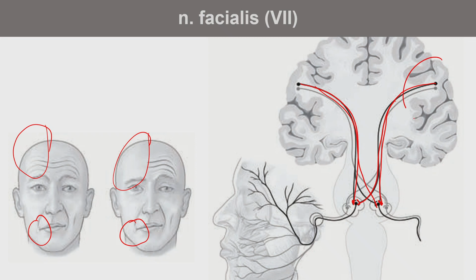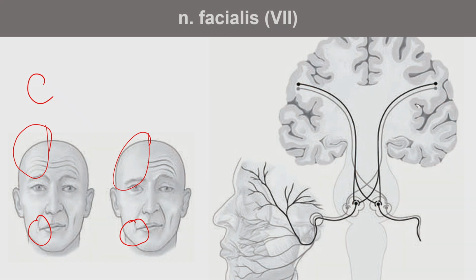Then when you have bleeding or ischemia here and this is not working, it is still relayed from the other side. So when you have a central paresis, a central cause of the impairment, then you have a lack of function of only one part of the oral angle, and not impaired function of the wrinkles in the frontal region.